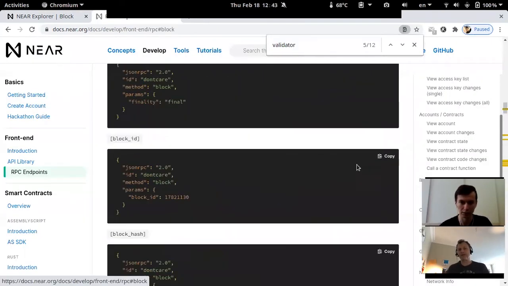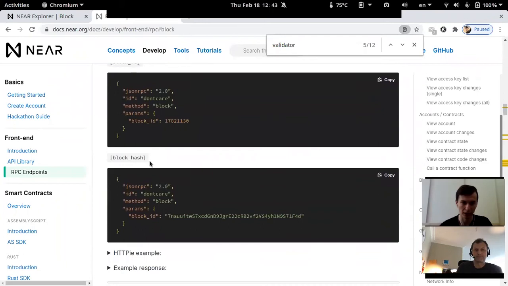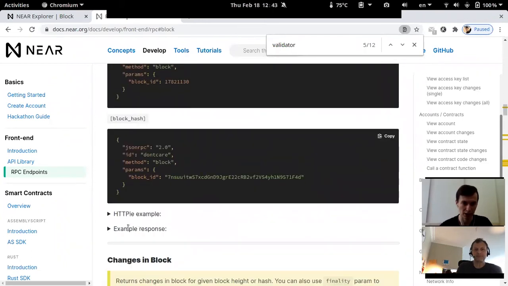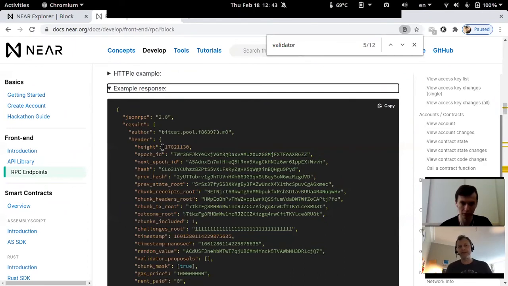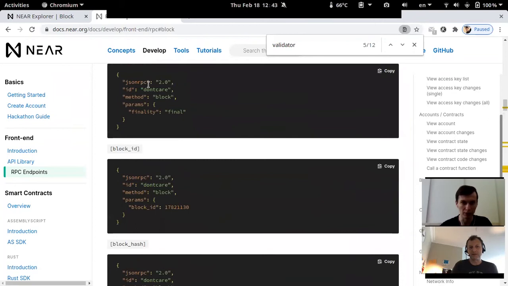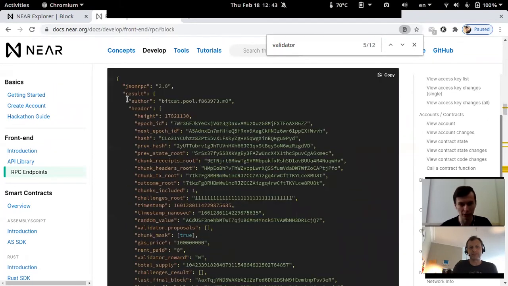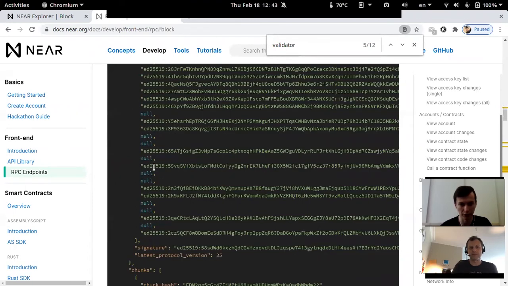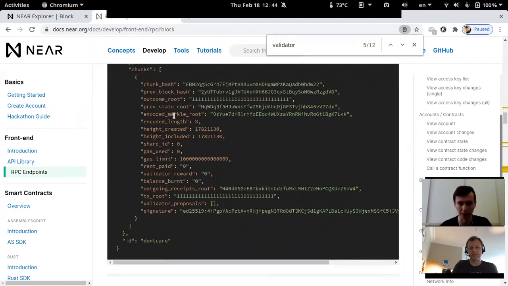The block details, with the finality final as a parameter, and in response I will get all the details. Maybe with the block ID actually, and then you get the details of this block, right? Not really. If you query the block ID, you will have this info. All this info is very useful, but it has no information on whether the block is finalized.